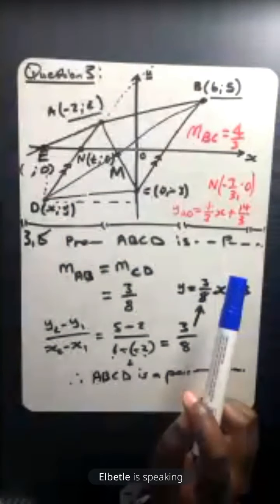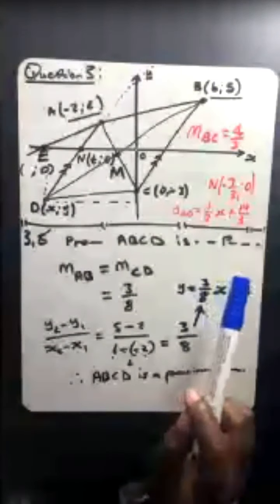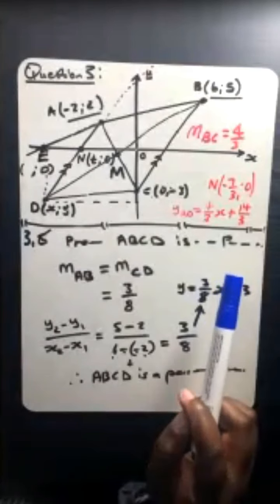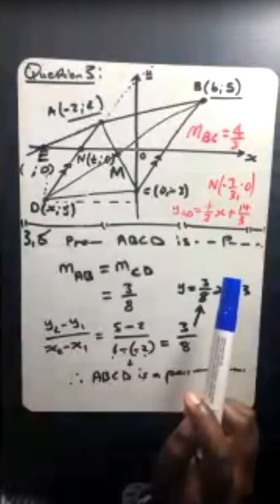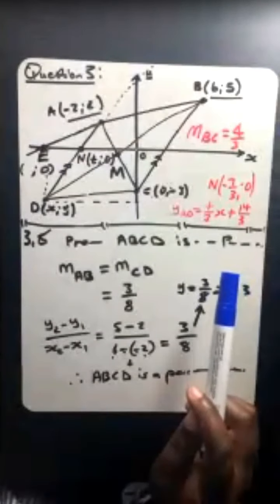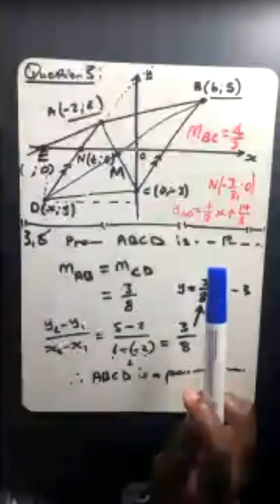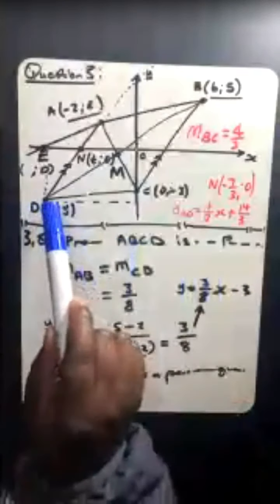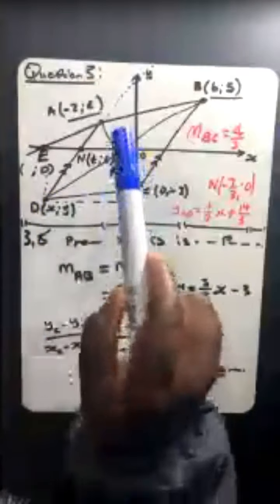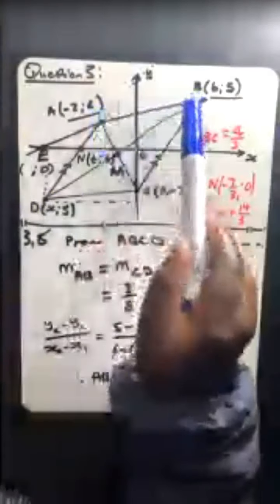What did you say? I was saying that to prove a figure is a parallelogram, two opposite sides must be equal, which means we can calculate the distance of DC and also the distance of AB.